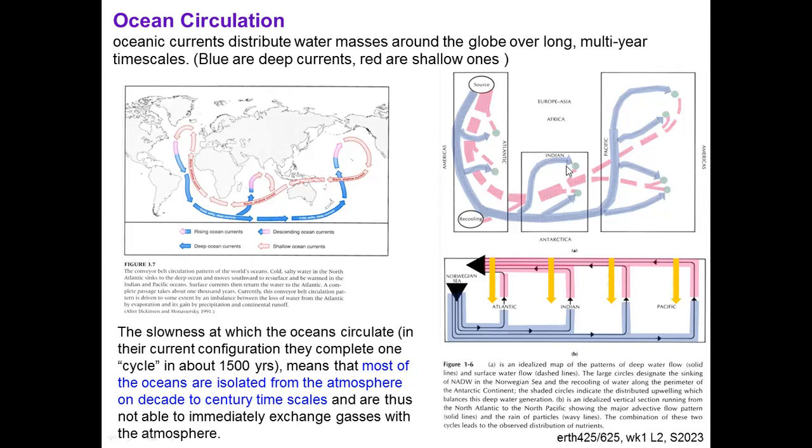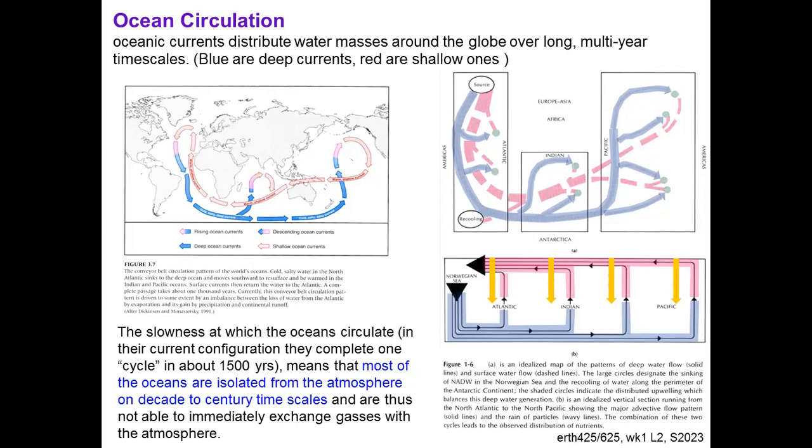There's a little bit more detail if you look in the diagram on the right, where it says source. Source water is basically the very cold and salty water that exists in the northern hemisphere, when it freezes over and makes sea ice in the wintertime.